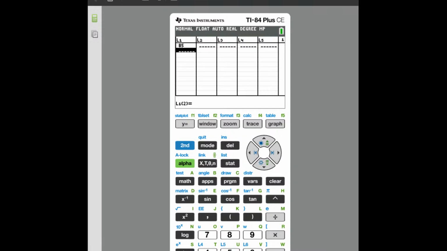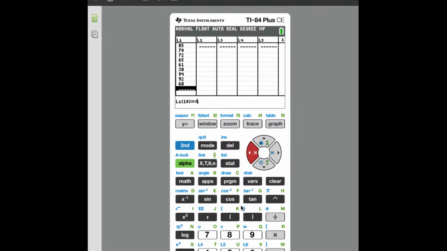85, we hit enter. 70, we hit what? Enter. What's the next data value? 72, 65, 61. You guys okay with that one? 38. What else? 94, 92, 68.